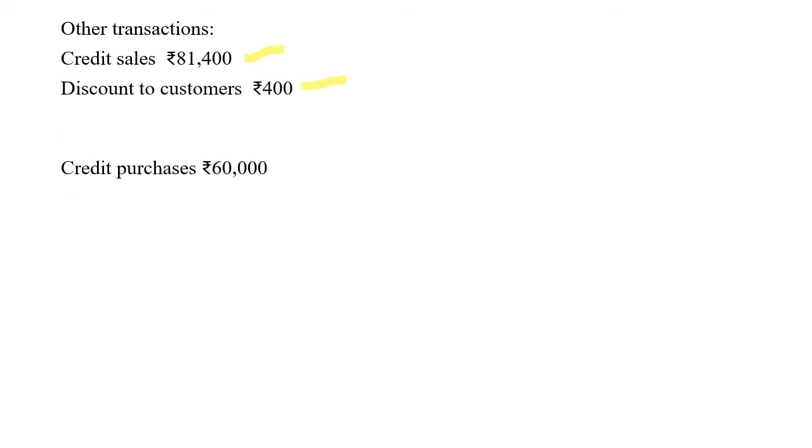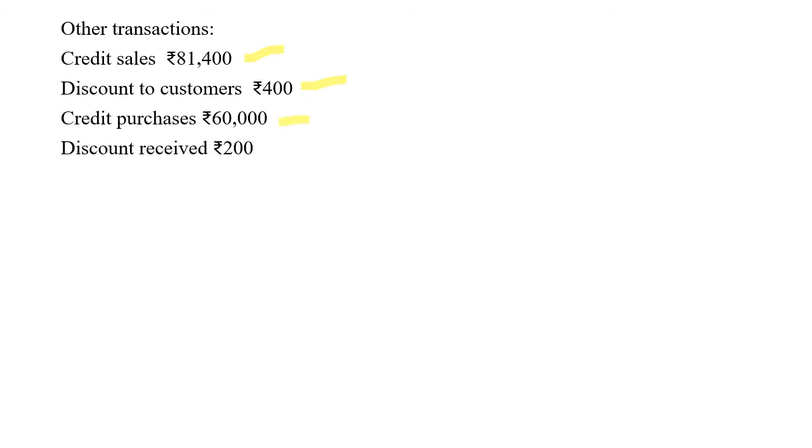And the remaining transactions: credit sales 81,400, discount to customers, credit purchases 60,000, discount received. So discount to customers means discount allowed to customers, and discount received 200.